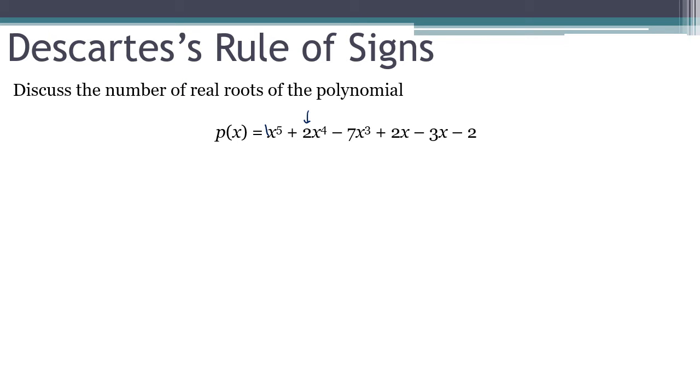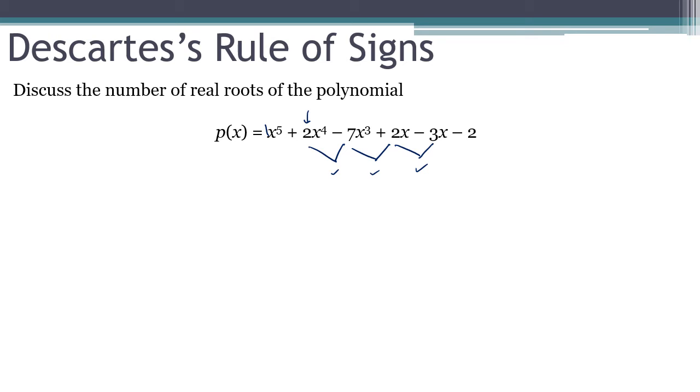Going from the 2 to negative 7, there was a sign change there, so that's 1. Negative 7 to 2, that's another sign change. Positive 2 to negative 3, that's a third. And finally, we have negative to negative, that's not one. So this polynomial has 1, 2, 3 sign changes.